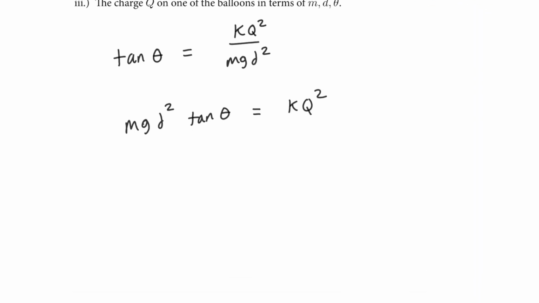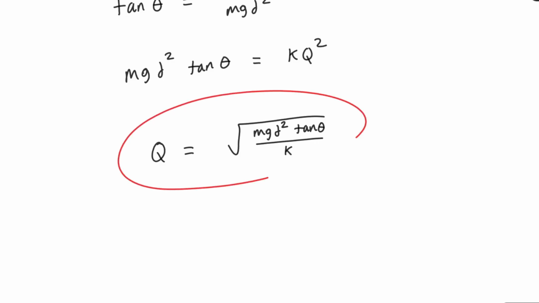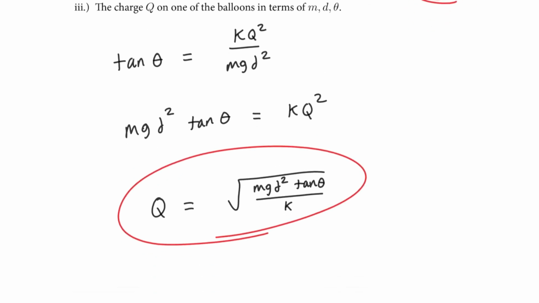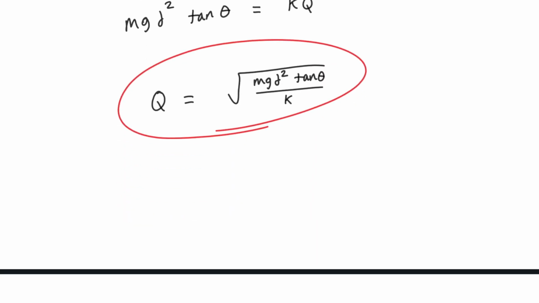Then by dividing by k and then taking the square root, I'd get my charge q is just the square root of mg d squared tan theta, all divided by the Coulomb constant k. And I ask this question because it's a lab we can actually do in class, to varying degrees of success, with these balloons. Because we can get that expression for tan theta just by using rulers.